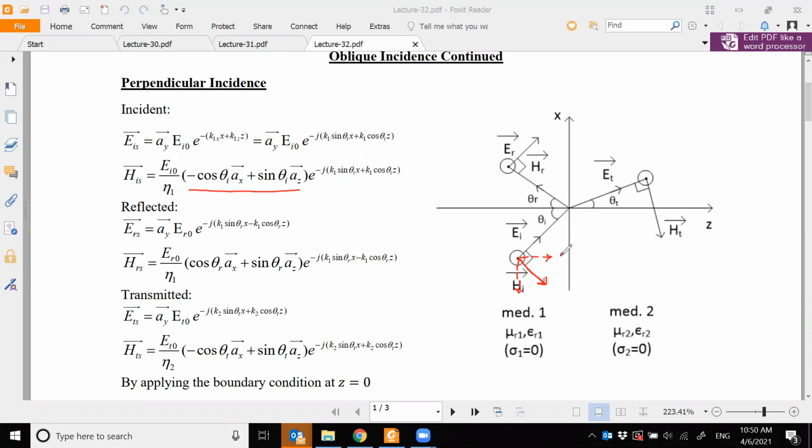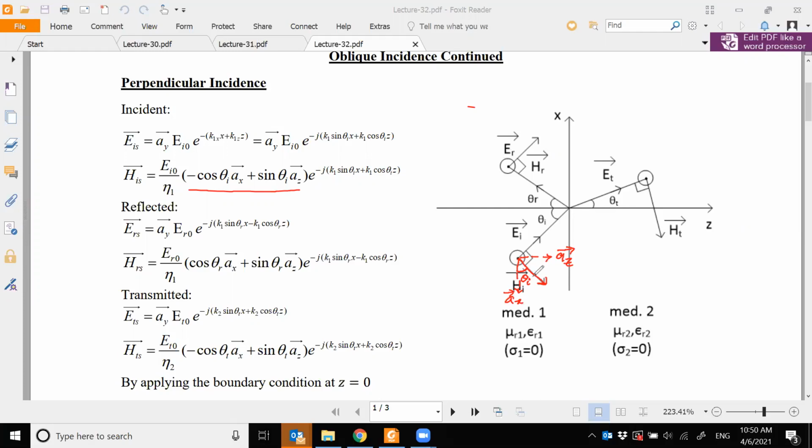So this will be along the z direction and this will be along the x direction. So what part will be along the ax direction? Yes, if this is theta I, then this will be theta I, right? And can I say that this angle will be theta I?